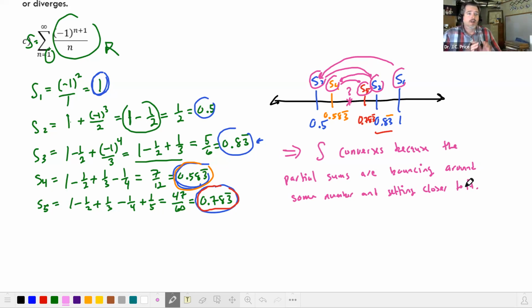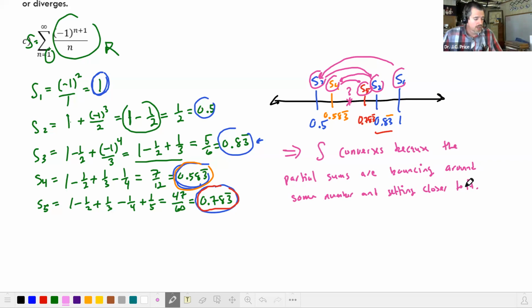And again, the definition's really hard to apply, and that's why we have a bunch of tests that we're going to learn that'll help us to do it. It's kind of like with the definition of the derivative, you guys remember? You don't want to use the definition of the derivative. You don't have to, and that's why we make all the derivative rules so we can avoid the definition and just use the rules. It makes the problem a lot simpler to solve.